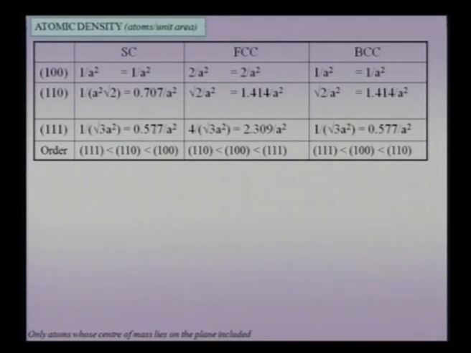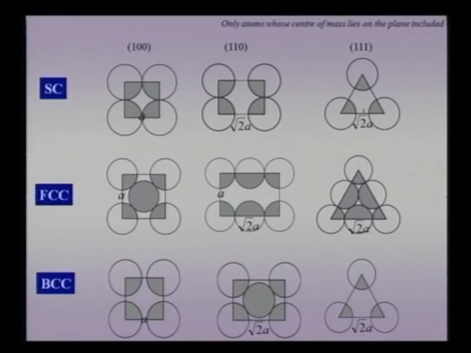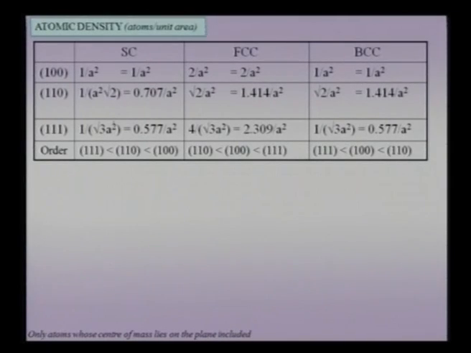It would be instructive to actually do some of these calculations yourself by considering the triangle and the area occupied by the spheres. Of course, the important thing is visualizing how these spheres intersect these planes and which part of that lies within the unit cell. So, you can see here that these 60 degree corners do not even give a single atom, and therefore, the packing fraction of the 111 plane is the least here.